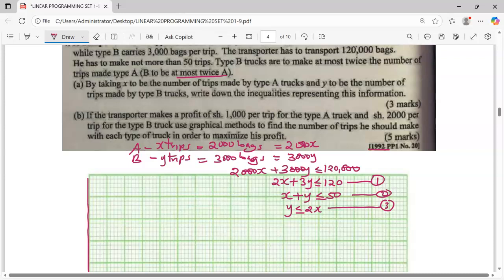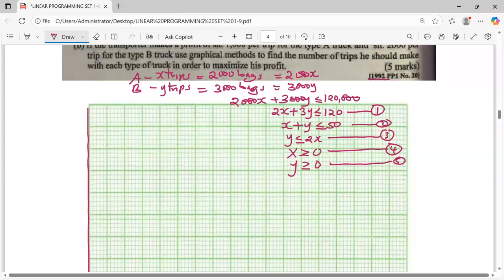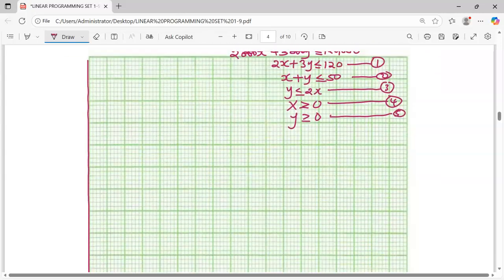We also have an automatic inequality where X is greater or equal to 0 as the fourth inequality, and also Y must be greater or equal to 0. These are non-negative functions.